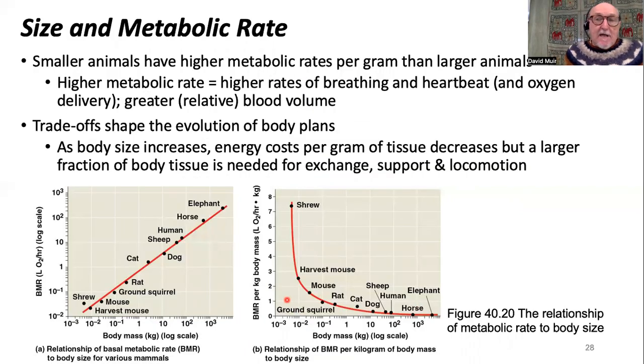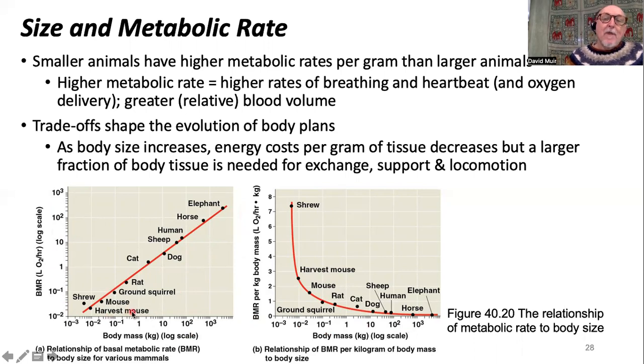So when we look at the animal kingdom, we observe some particular phenomena, some particular associations of metabolism and size. These diagrams at first glance may be a little bit difficult to understand, because it looks like they're trying to tell you the same thing if you look at the axes.